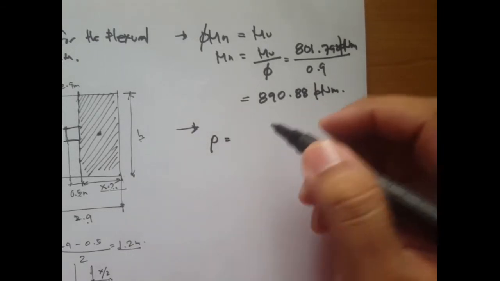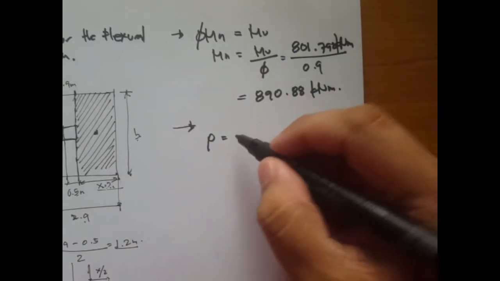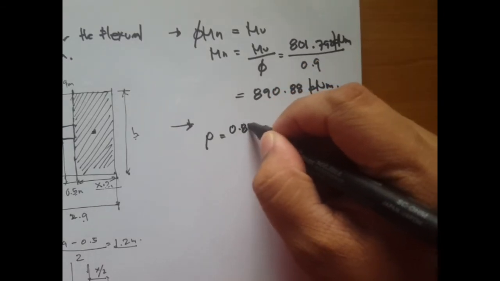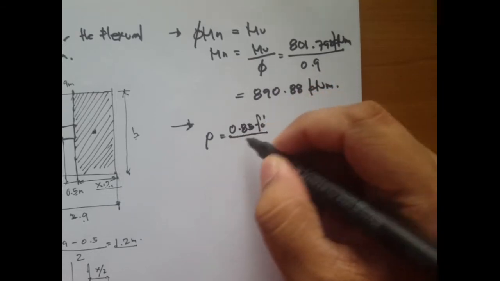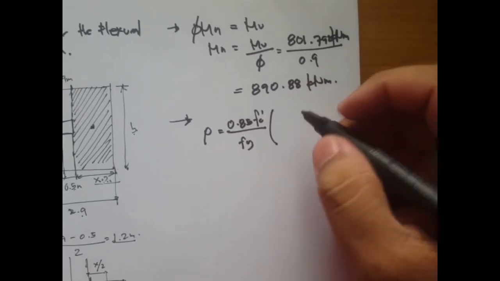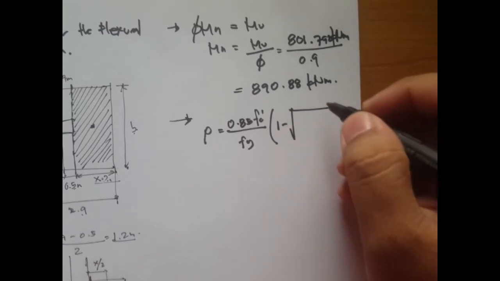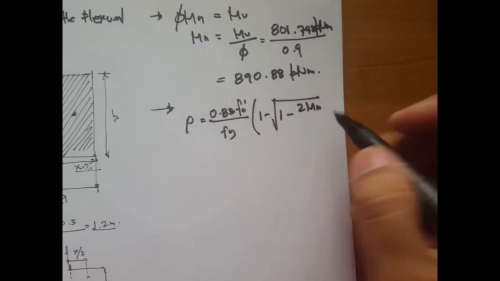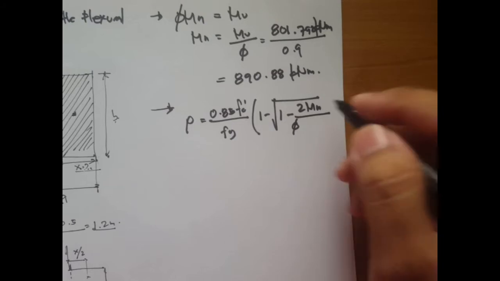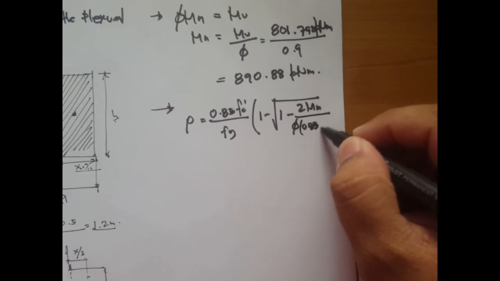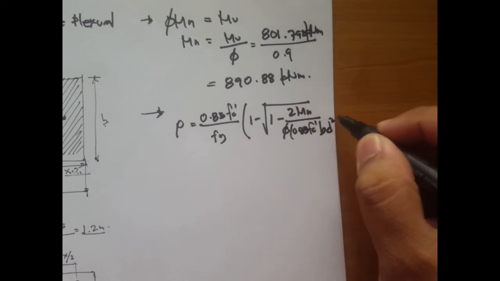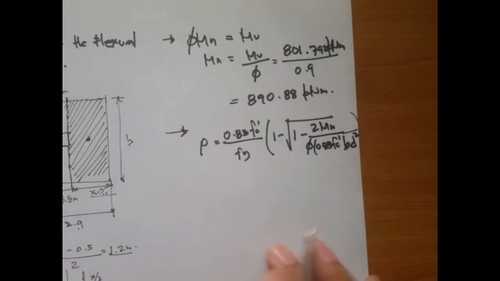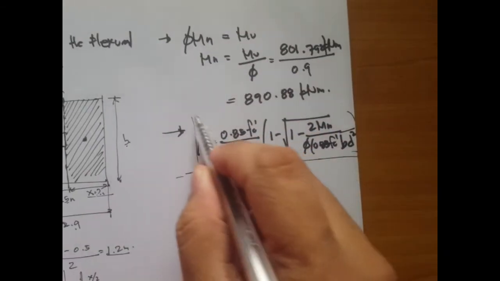Now, once we have this nominal moment capacity, we can solve for the steel ratio. So recall that we have this equation in the topic of singly reinforced beams. We have this equation: 0.85 Fc prime over Fy times 1 minus square root of 1 minus 2 Mn, that's our nominal moment capacity, divided by phi times 0.85 Fc prime times b, and then d squared. Okay, so this is our working equation for the steel ratio.